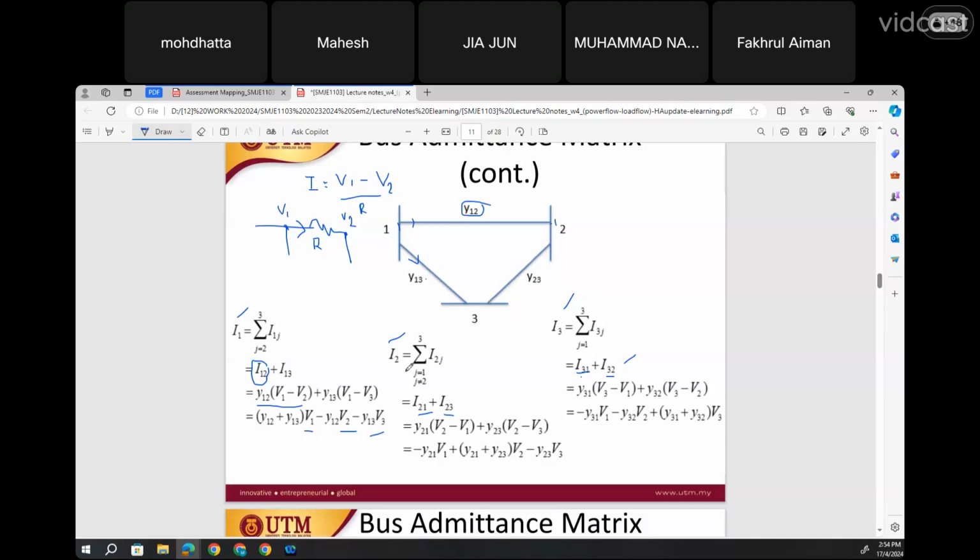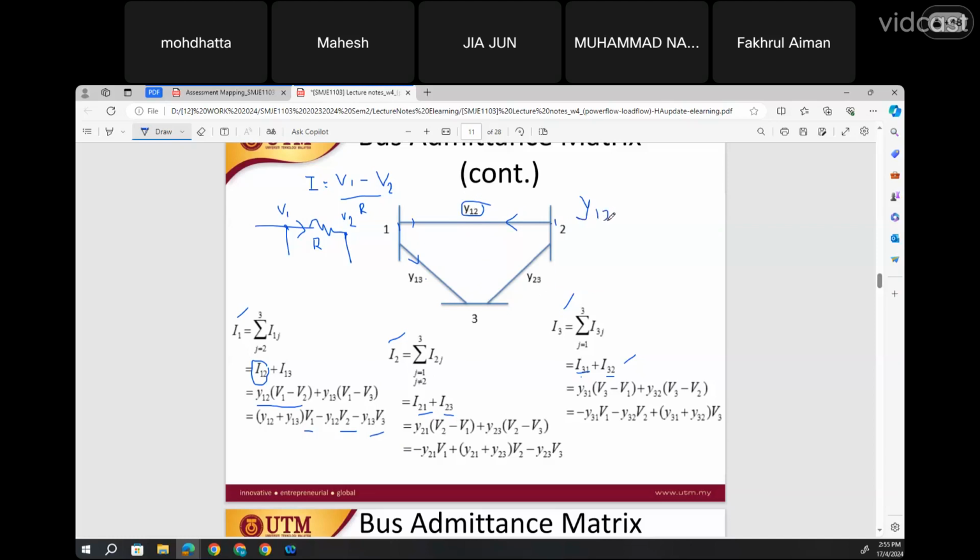If you see here for I2, I21 is in that direction, so we have V2 minus V1 over here, and the admittance is still actually Y12.